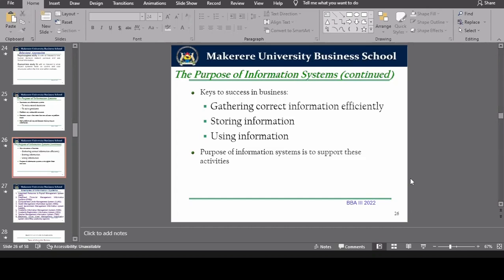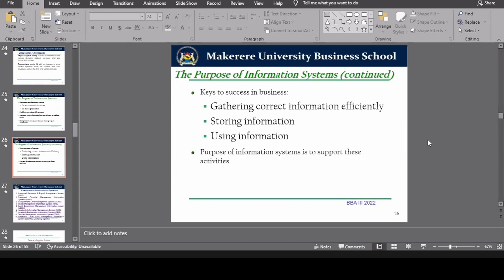Sometimes you use them interchangeably, though it doesn't imply that one must always be used in place of the other. Here we are using gathering correct information efficiently. Efficiently has a lot to do with the cost: how much am I putting in versus how much am I getting out? Effectively has a lot to do with the period taken to get what I want.